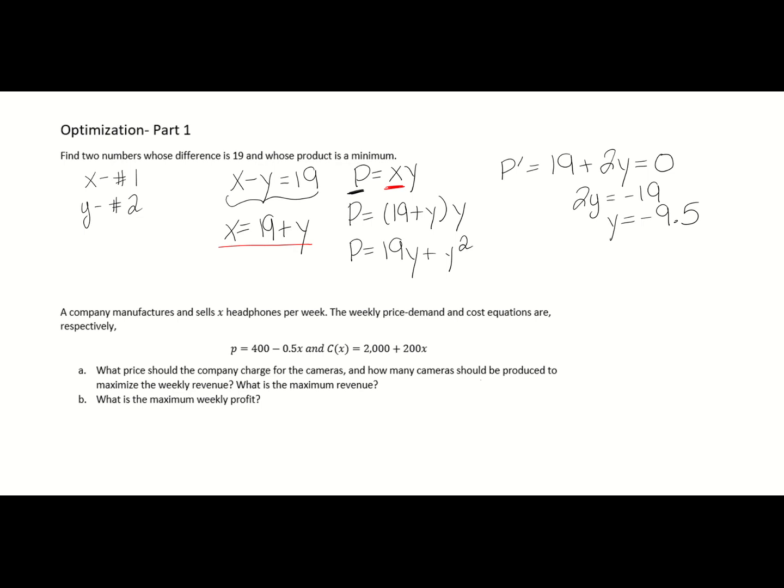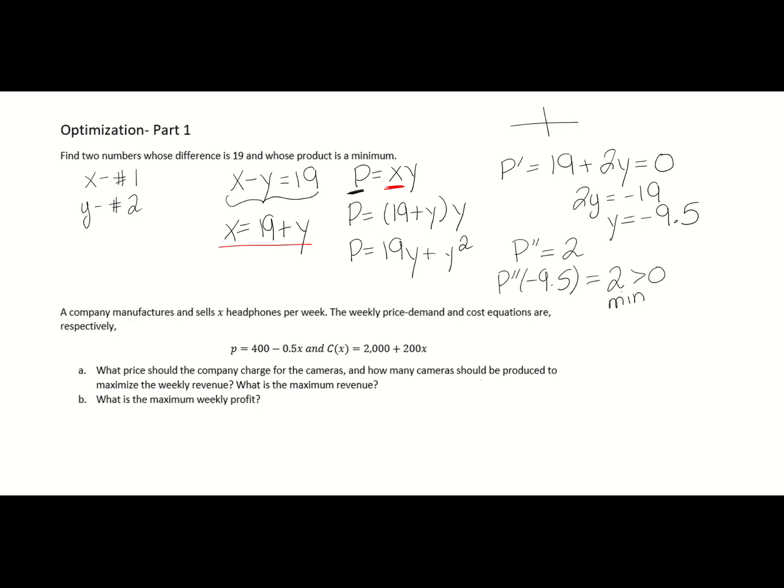There are two ways to check. You can use the first derivative test by creating a chart, or the second derivative test. I like here to use the second derivative test. When I do this, it's going to give a positive 2. So when I plug in negative 9.5, it's still going to be 2, which is greater than 0, and by the second derivative test, that means this is a minimum.